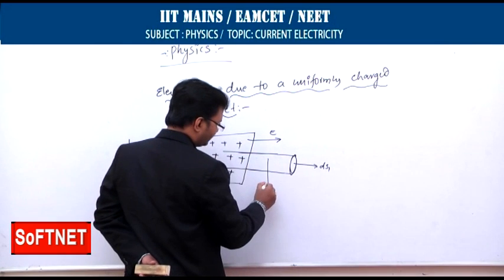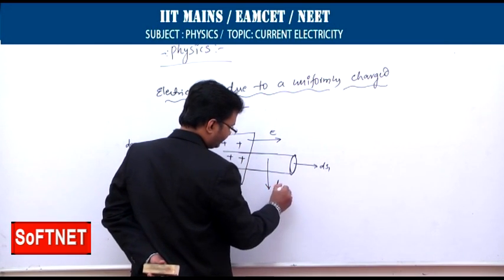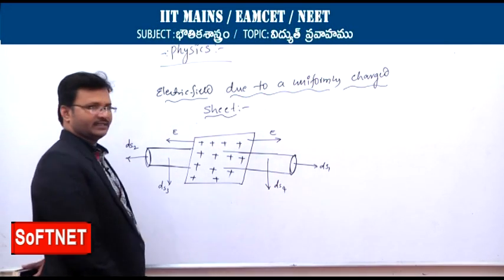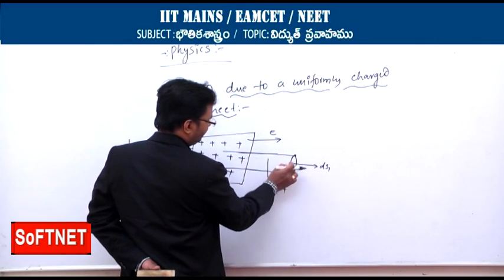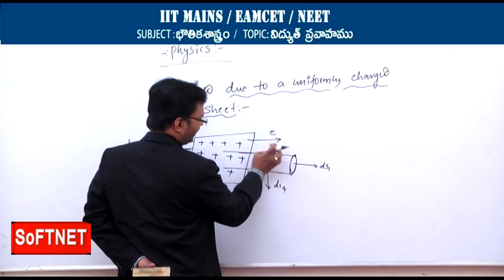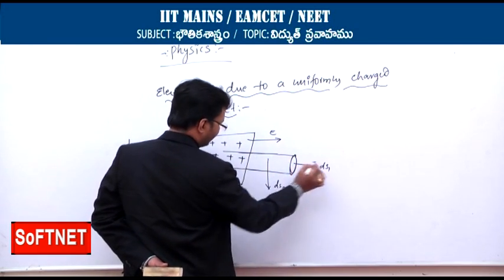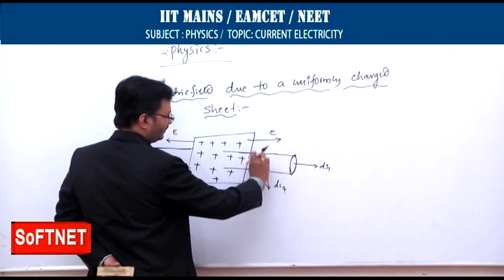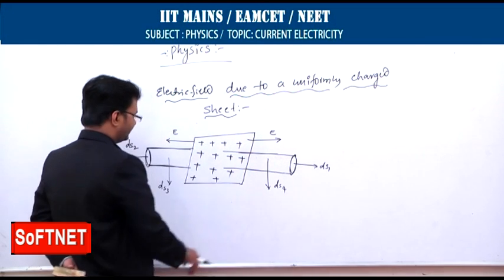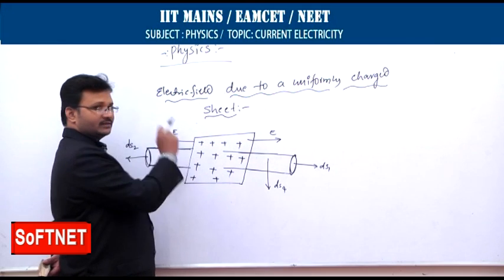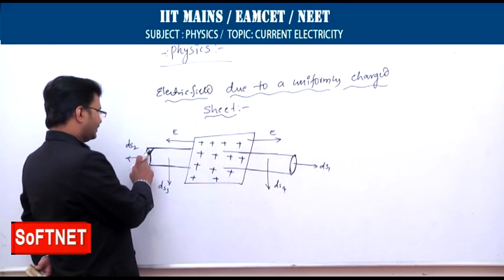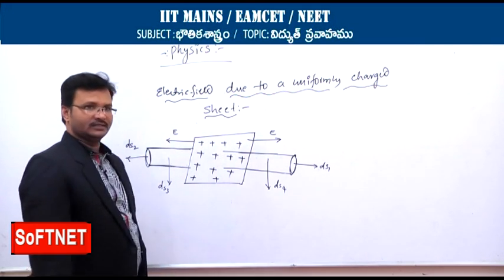Four surface areas are there. Now, between this surface and the electric field the angle is 0 degrees, this surface and the electric field is 90 degrees, this surface vector area and the electric field is 90 degrees, and this one is 0 degrees.